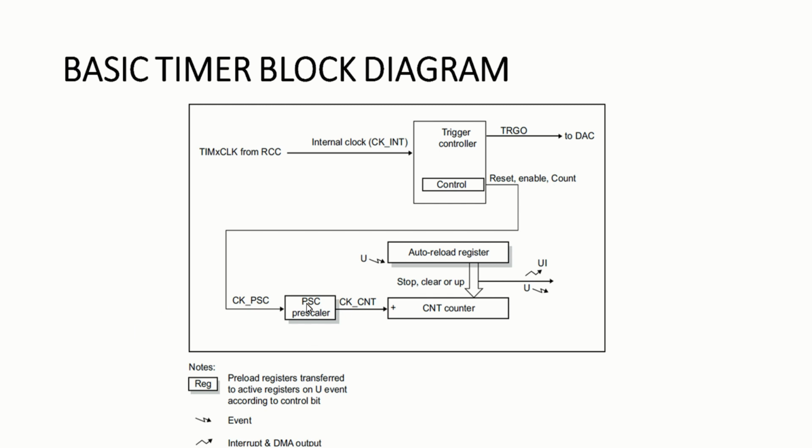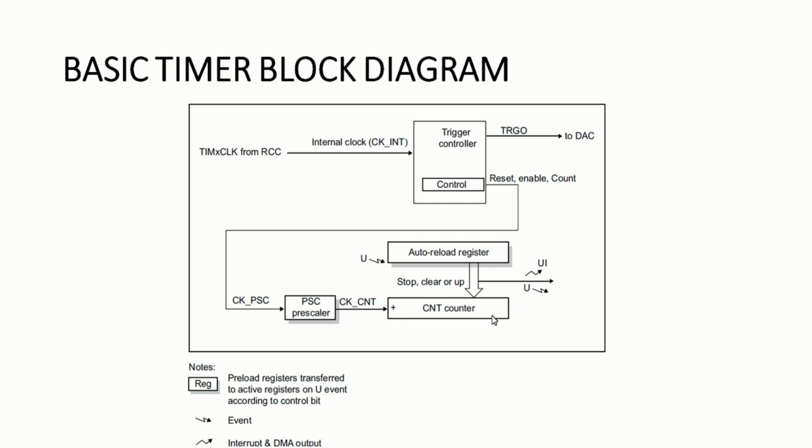Let's assume I give the prescaler value as 16. The clock is 16 megahertz, and 16 megahertz divided by 16 gives a 1 megahertz clock to the timer counter, so the timer will be running at 1 megahertz. This is the principle of operation of the prescaler: it just divides the clock coming into the timer.